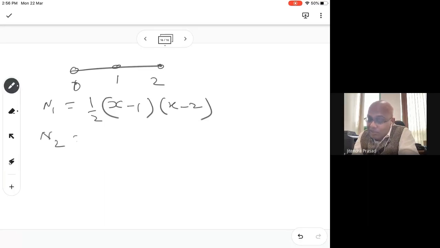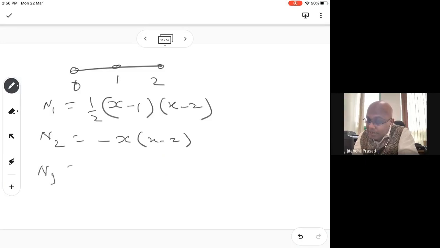So similarly N2 will be, in this case you can see that it will be x, because it will be 0 here, so it goes like this, right? So x multiplied by x minus 2 and put x equal to 1, you get 1 here and minus 1 here, so you get a minus, so put minus 1 here.